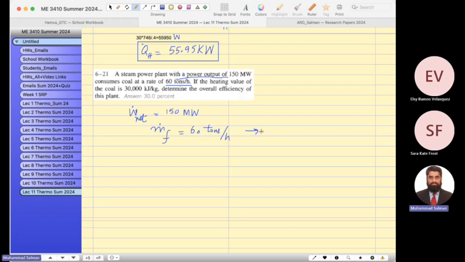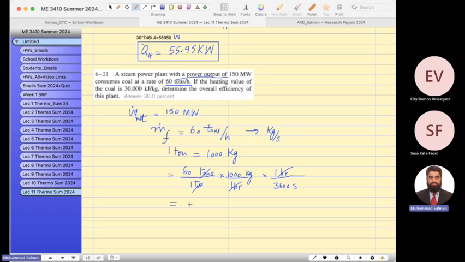How do you go from 60 tons per hour to kilograms per second? So we know that 1 ton equals 1000 kilograms. Then it is easy. 60 tons, 1 ton, 1000 kilograms. 1 hour divided by 3600 seconds. Hour cancels hour, tons cancel tons.